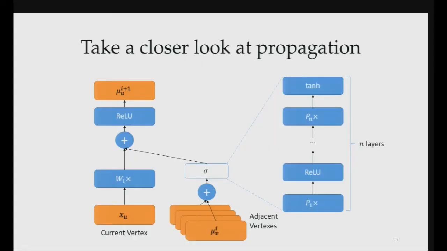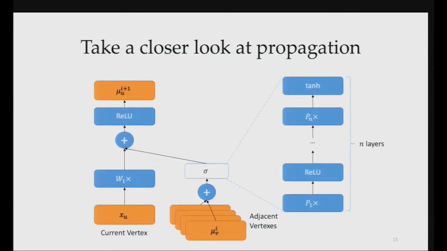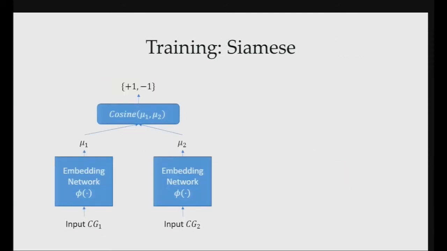And then later we combine that together using another one-layer feed-forward, fully connected network, to compute the next aggregation results. This is the network structure, and the key problem is how to train this network.